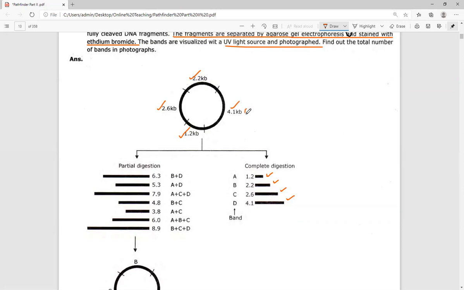For calculating partial digestion, you just have to name the fragments A, B, C, D and then make the different types of combinations. If the cleavage takes place at the A site, B site, C site, or D site, different combinations have to be made and solved.